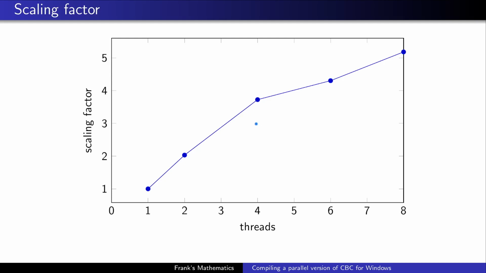So if you have a scaling factor of 2 for 2 threads, your program is twice as fast as if you only use 1 thread. What you want is perfect scaling, meaning if you use 4 threads, you want it to be 4 times faster than if you only use 1 thread.